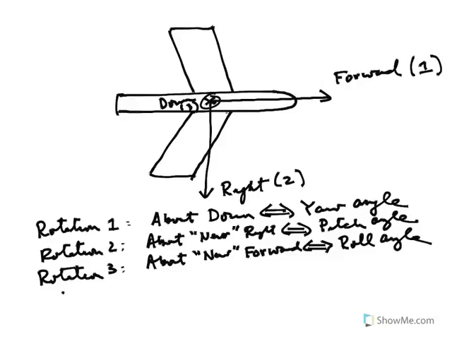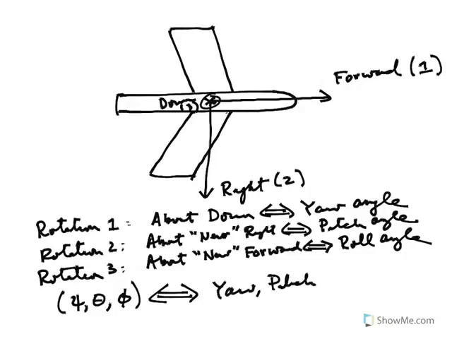So the sequence psi, theta, phi is also what's called yaw, pitch, and roll.